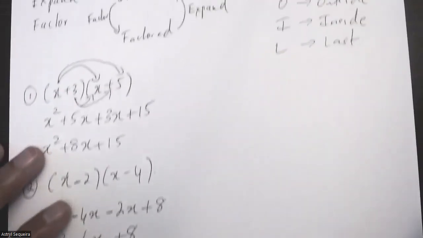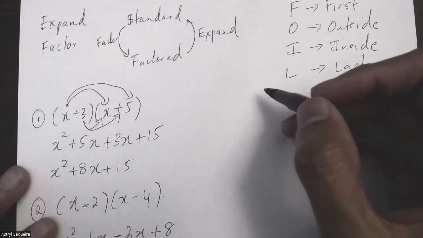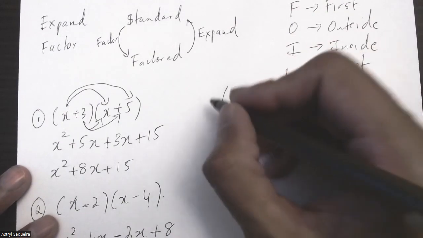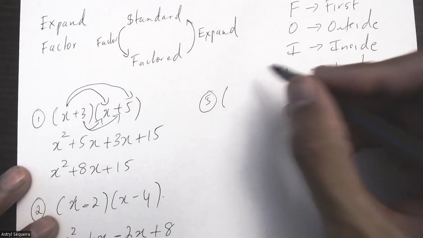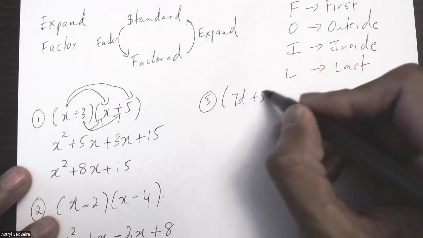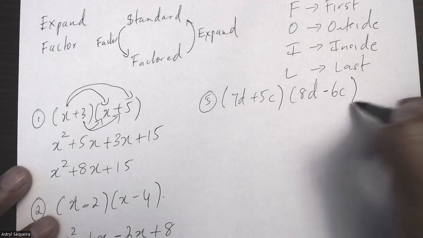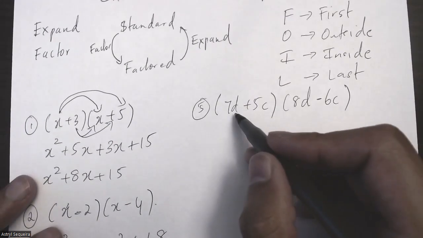Can get a bit more difficult with questions that have a lot of numbers, a lot of constants. So next one, number 5, is 7d plus 5c times 8d minus 6c. Same process, should be simple, but let's do it.